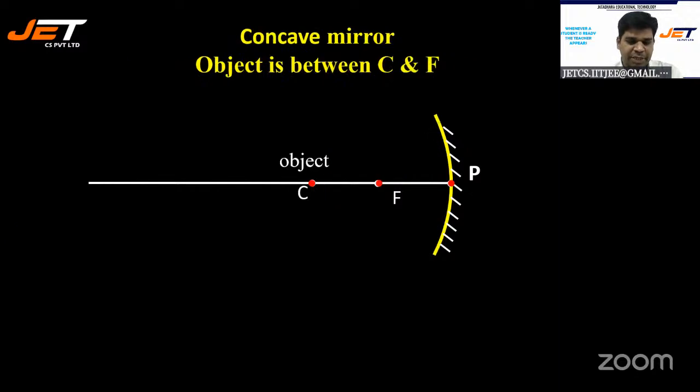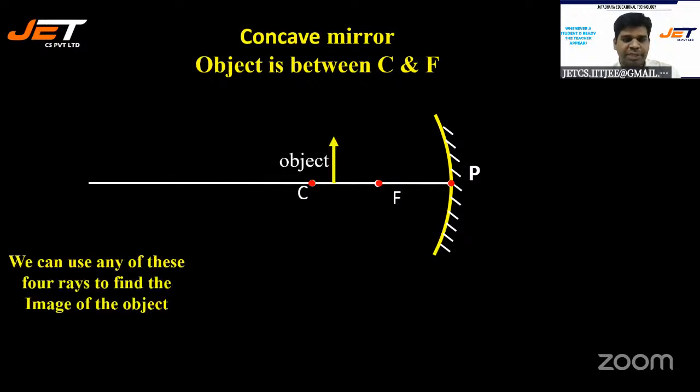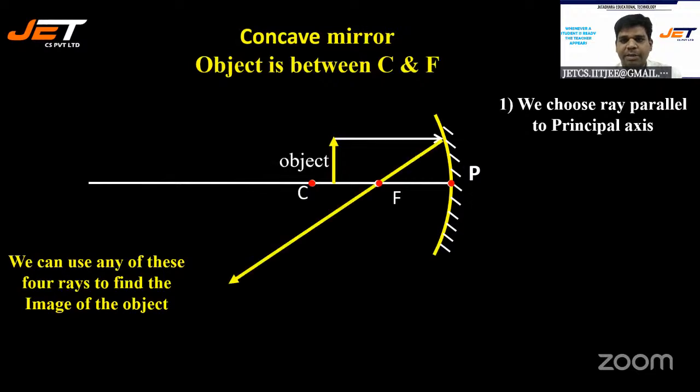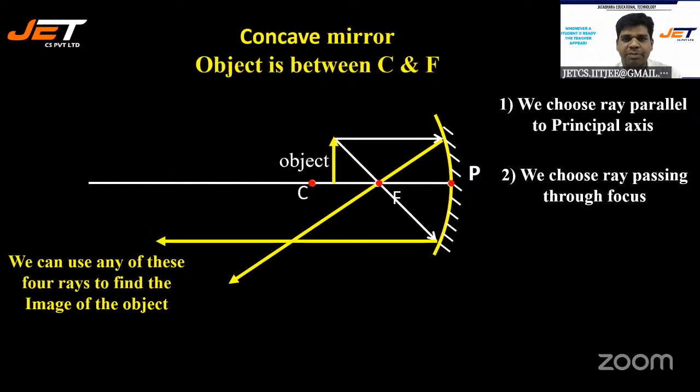Now let's keep the object between C and F. When we keep the object between C and F, again I'll choose two rays, similar to the ones we used in the previous cases. A ray parallel to the principal axis passes through the focus. A ray through the focus, after reflection, passes parallel to the principal axis.